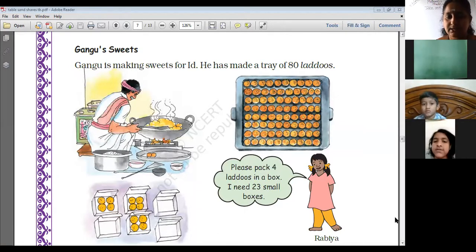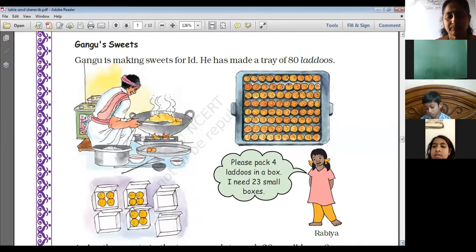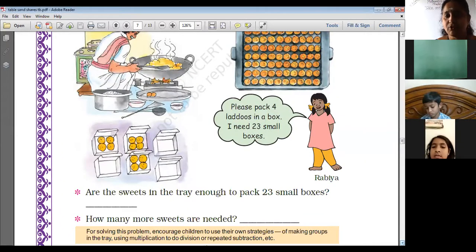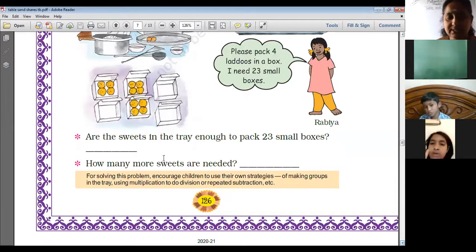Rabia is asking, please pack 4 laddus in a box. I need 23 small boxes. So how many laddus in one box? 4 laddus in one box. Are the sweets in the tray enough to pack 23 small boxes?